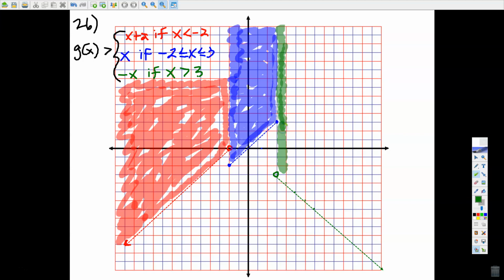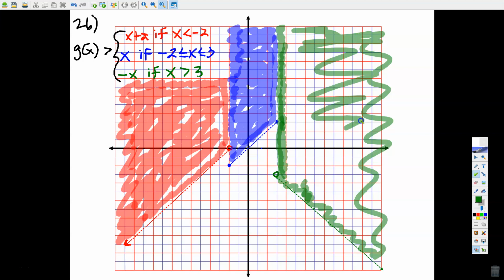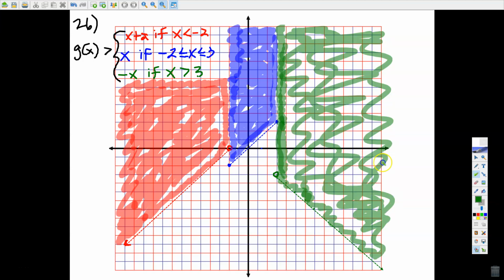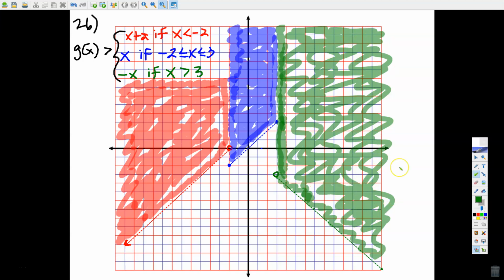So it's basically just picking up where blue left off, like I said, and stay above the line. Don't do like I did. I don't color very well. And something like that. And it just continues on forever in that way. Okay, and that's our final answer.